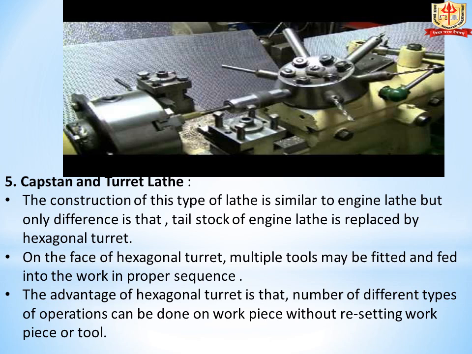But in the capstan and turret lathe, you can see that on the right-hand side, on the tailstock, there is a turret with an attachment of various tools. The main advantage is that we can perform various operations without resetting the workpiece or tool.